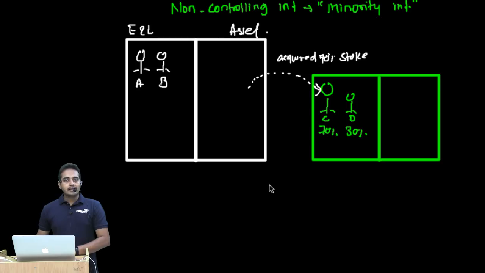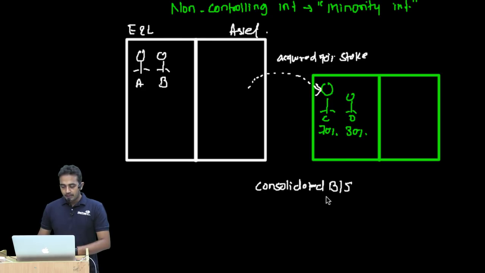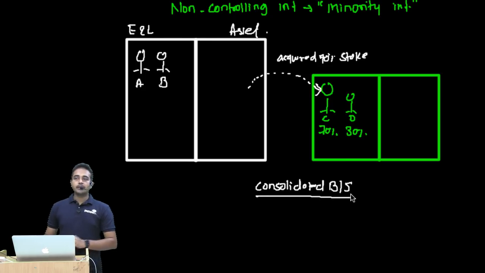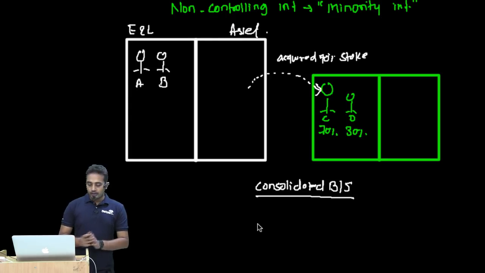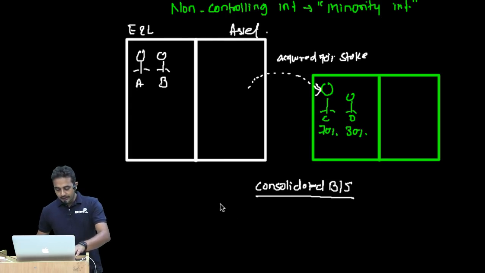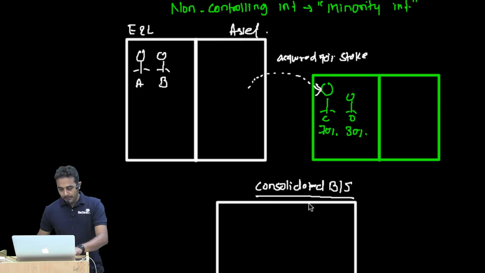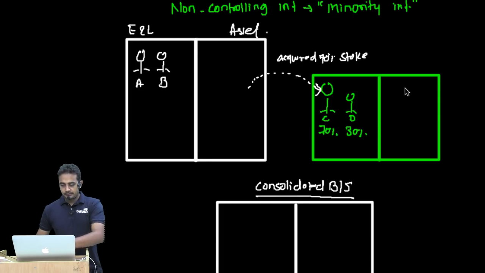So once you've acquired 70% stake in a smaller company, after that we prepare something called a consolidated balance sheet. A consolidated balance sheet is where you include numbers of both the organizations. So your consolidated balance sheet would be like this. Whatever assets that this firm had, let me create some hypothetical scenario.